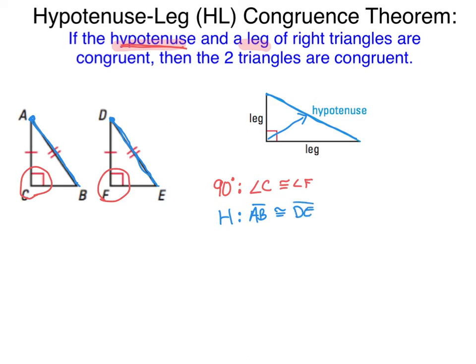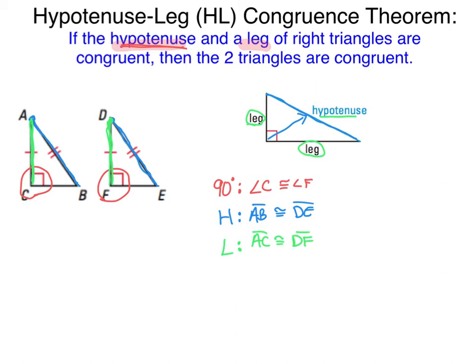And then a leg. Notice a leg is just any of the other sides. So I need a right angle to have a hypotenuse. If I have a hypotenuse, I only need one other leg to be congruent to prove the triangles are congruent. So in this case, the leg would be AC is congruent to, and since I went from A to C, I'd have to go from D to F, so DF.